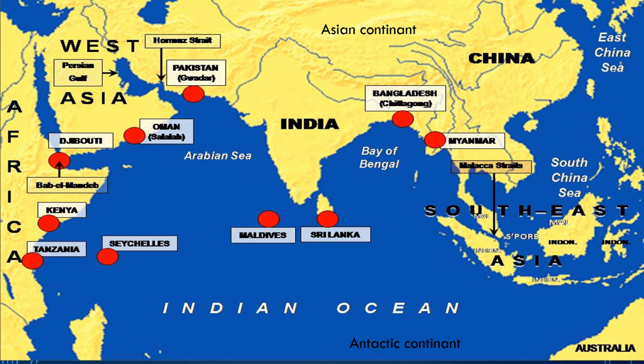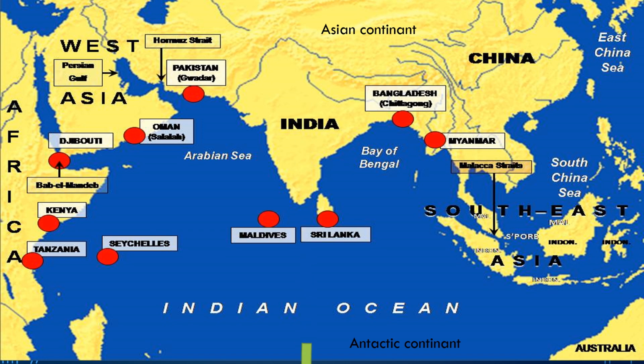Now I am going to explain the relative location of Sri Lanka. Sri Lanka is an island. It is in the Indian Ocean and it is located in the Asian continent. Sri Lanka is in South Asia and closer to the Indian subcontinent.